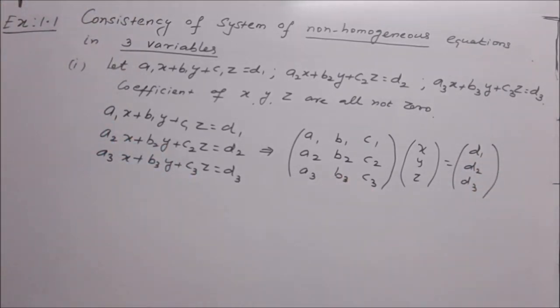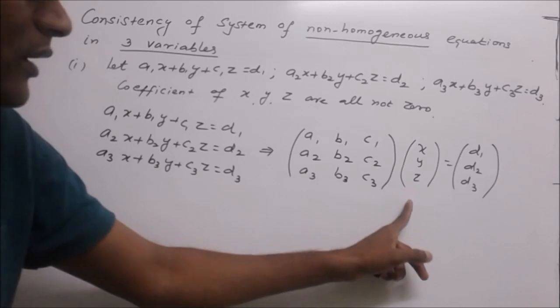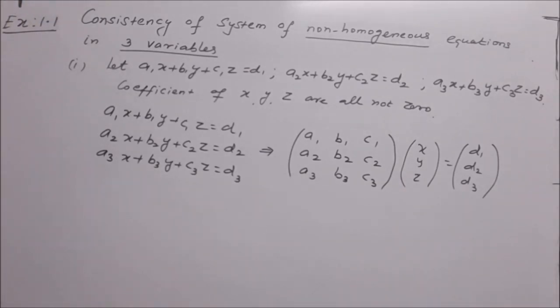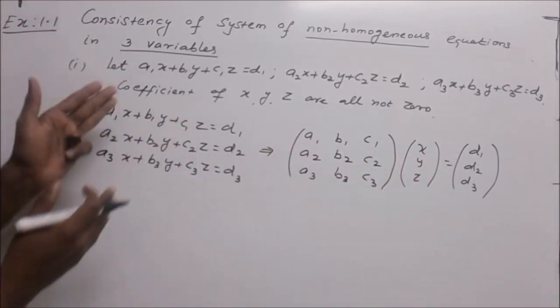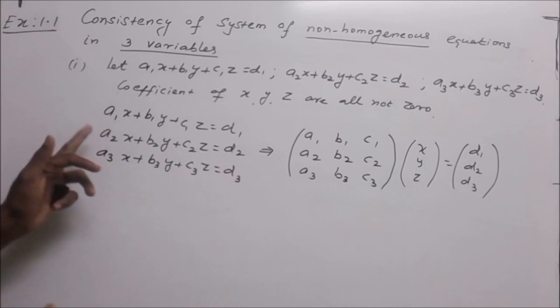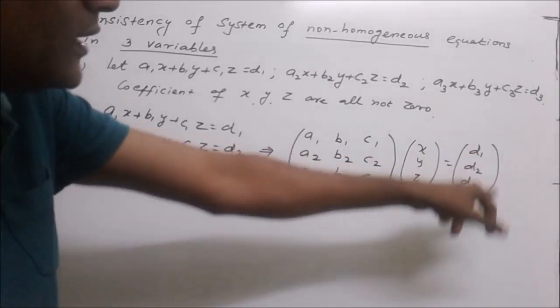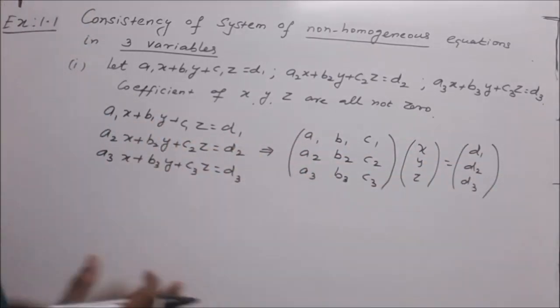The first one is known as the coefficient matrix, the second one is the corresponding variable matrix, and the third one is the constant matrix. When we multiply these two matrices, we get the left side a1x plus b1y plus c1z, and so on, and when equating with the constant terms, you will get these three equations.